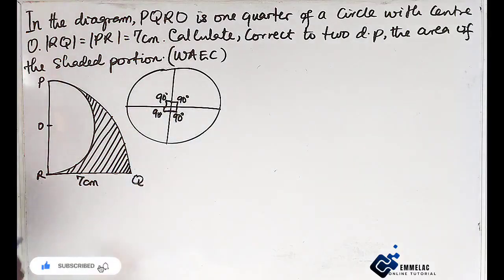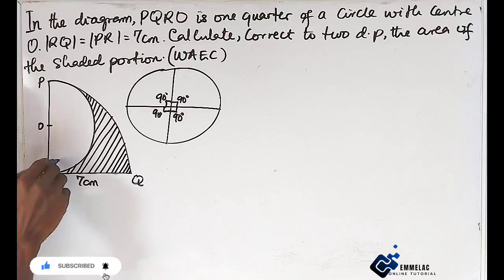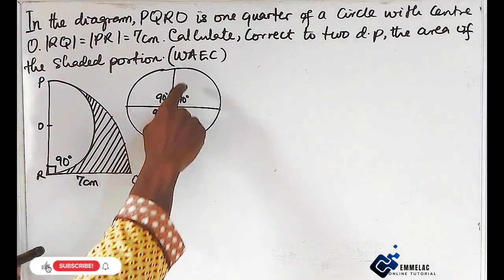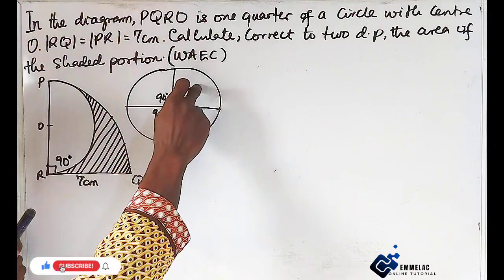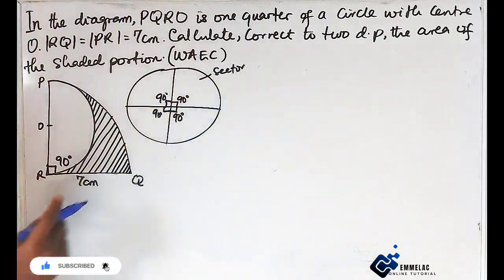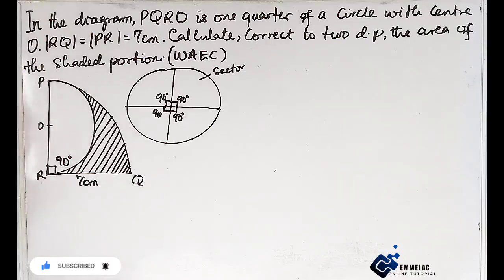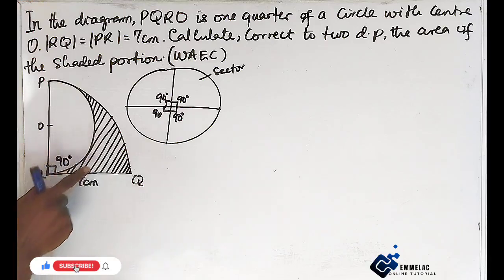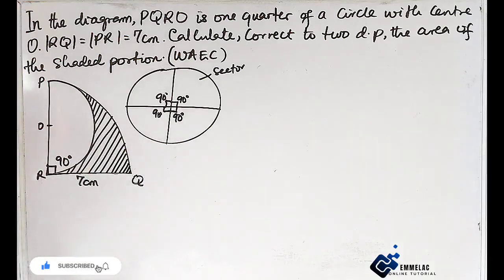Now if this is true, it implies that here is 90 degree. To that end, it also implies that quarter of this shape is a sector, which also implies that this is a sector. Now for us to get the area of the shaded portion, we need to look at the shape very well.